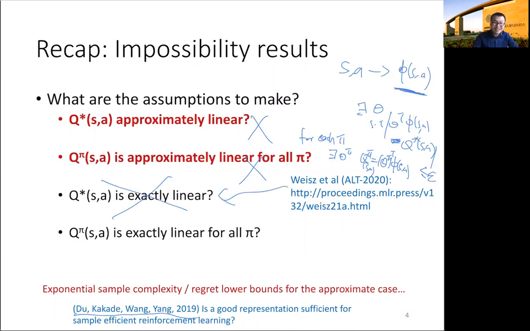So we need to make an assumption that's even stronger than assuming the Q star function being linear, right? One possibility is to assume that for all possible policies, the Q pi function is exactly linear. This assumption is still open.